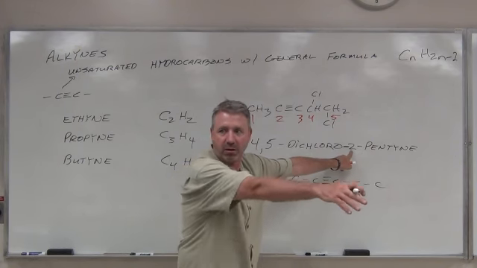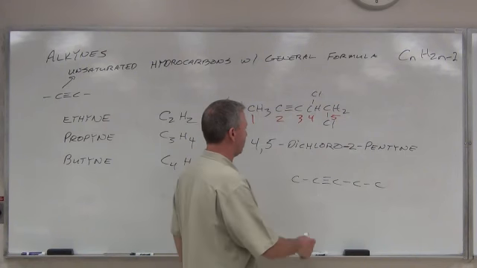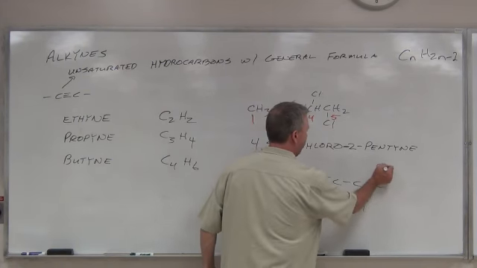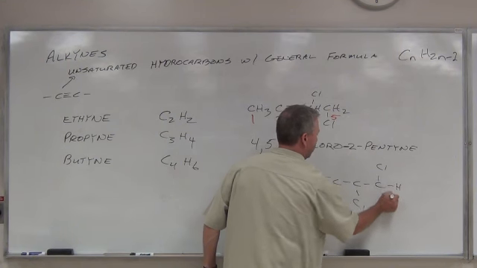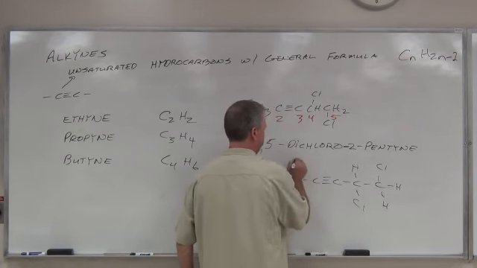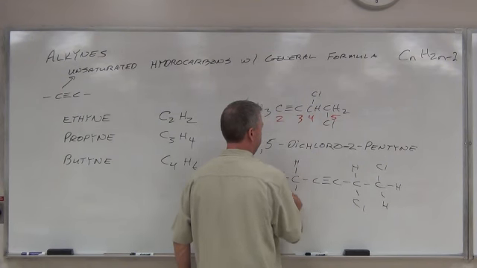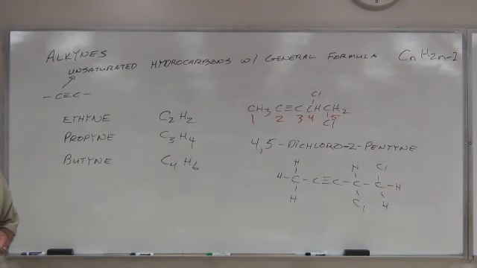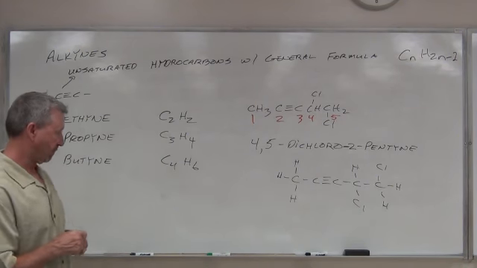It always goes in order. I have chlorines at 4 and 5. 1, 2, 3, 4, 5. It doesn't matter that I put one chlorine up and one down. There it is. Given the name is somewhat easier.